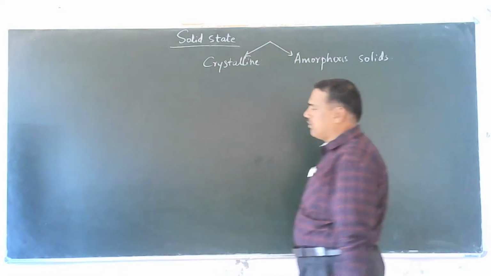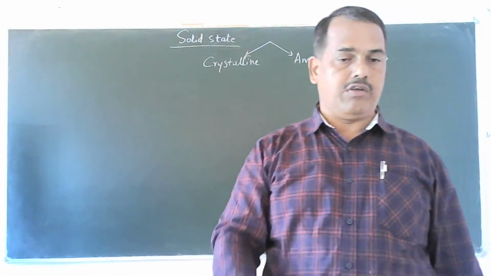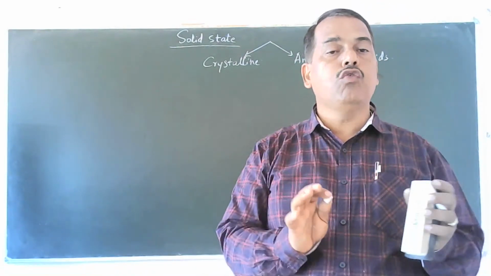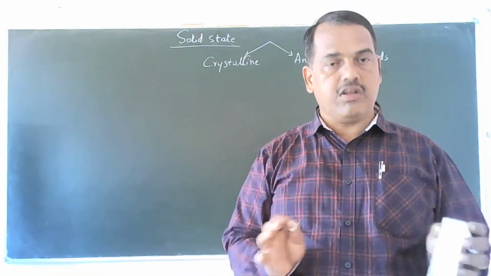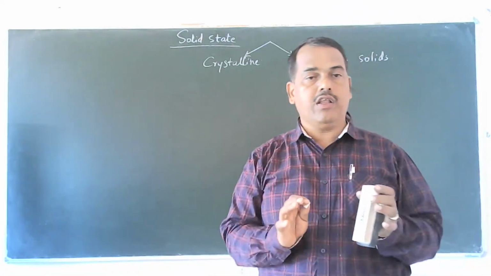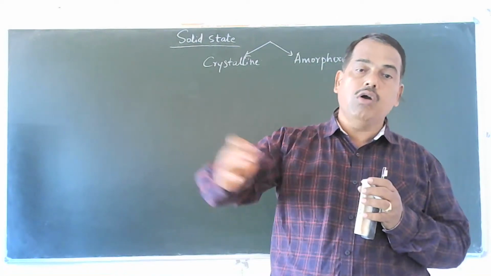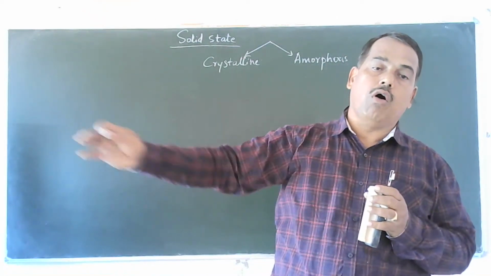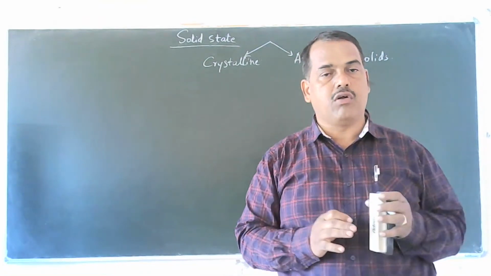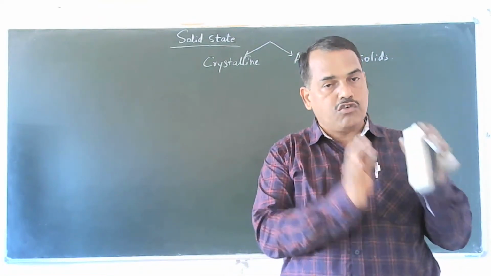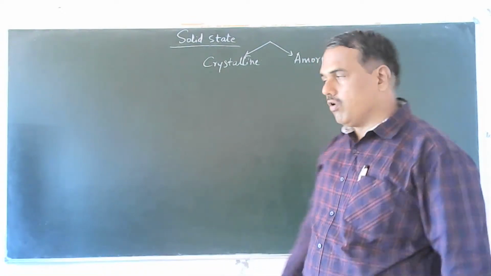So, what do you mean by crystalline solid? In crystalline solids, the particles are arranged in long range order. In amorphous solids, the particles are arranged in short range order. No doubt both are solids.